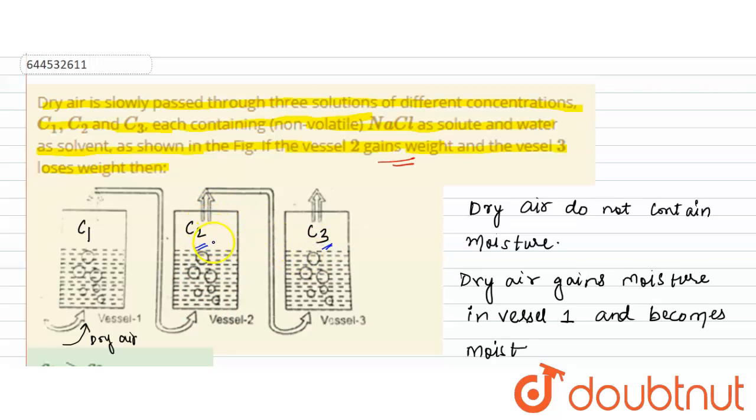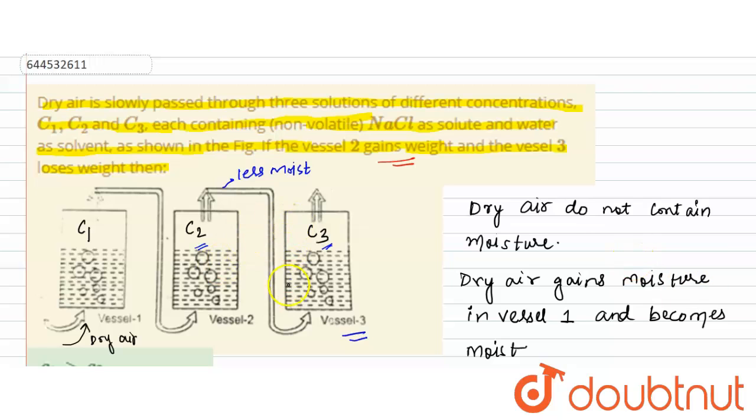So when the movement takes place, now the air is less moist, because the solution in vessel 2 has gained weight from the air. So now the air which is going to vessel 3 is less moist. It is said that vessel 3 loses weight. What does it mean? That there is a loss in weight in vessel 3. How?